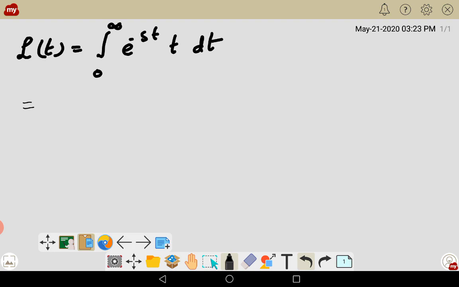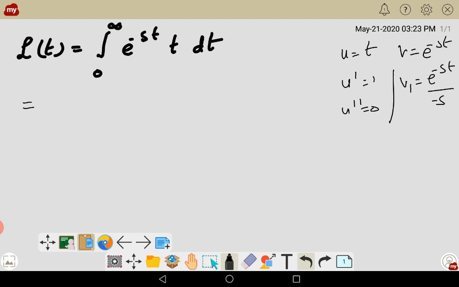We have to integrate this one by integration by parts. u is equal to t. I take v is equal to e raised to minus st. So u dash is 1, u double dash is 0. v1, integration of this one, is e raised to minus st divided by minus s. v2 is e raised to minus st divided by s square.